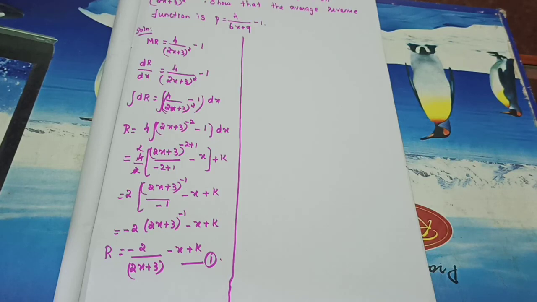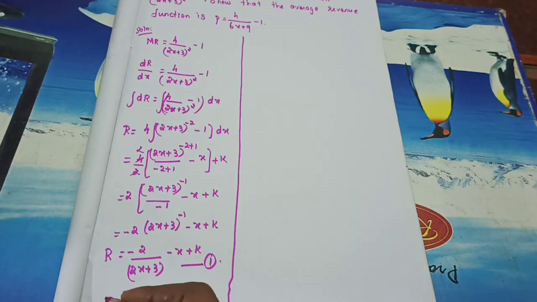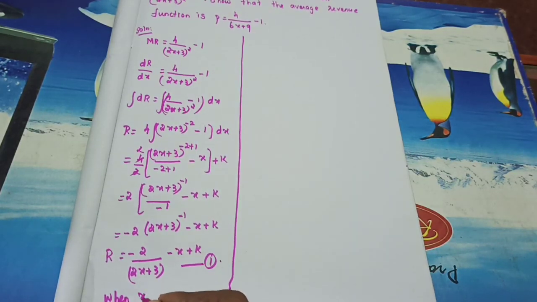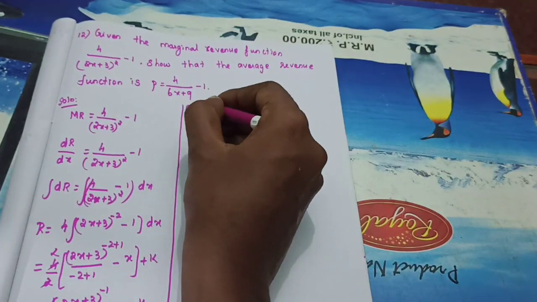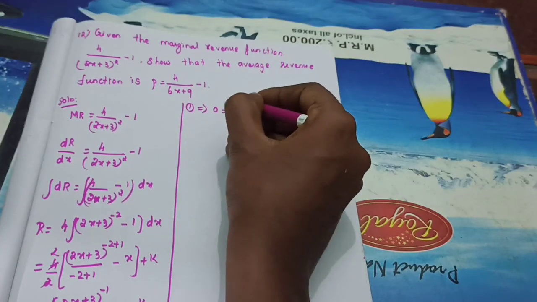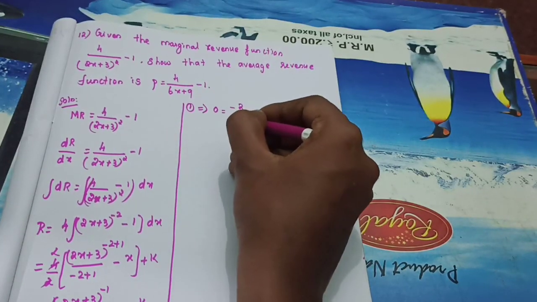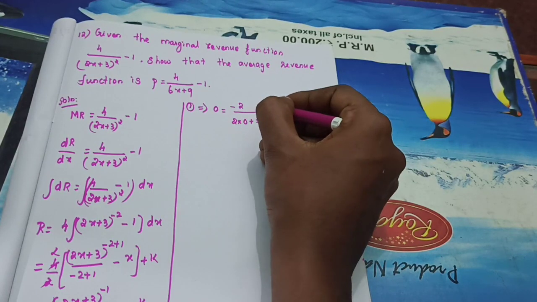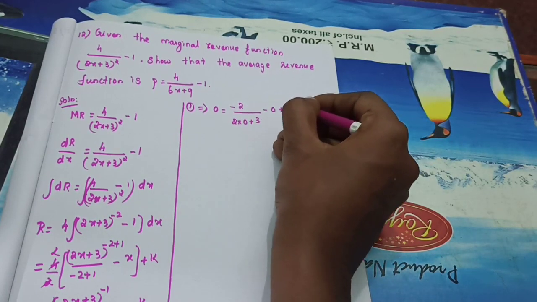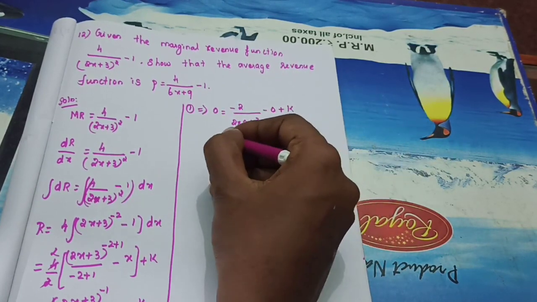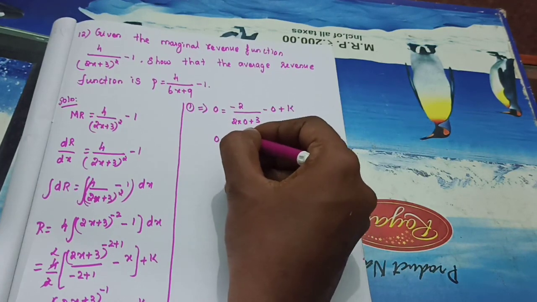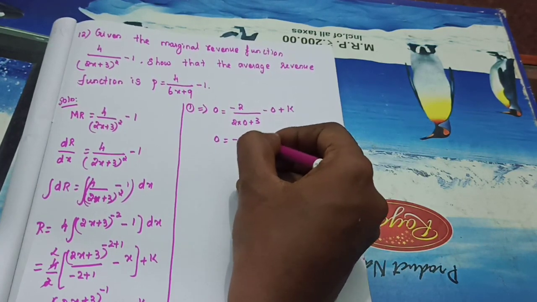Now we need to find the k value. How will you find the k value? x is equal to 0, r is also 0. Substitute in 1: 0 equals minus 2 by (2 into 0 plus 3), minus 0, plus k. So 0 equals minus 2 by 3 plus k.